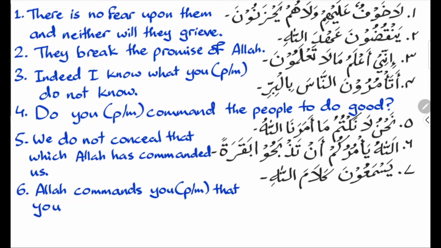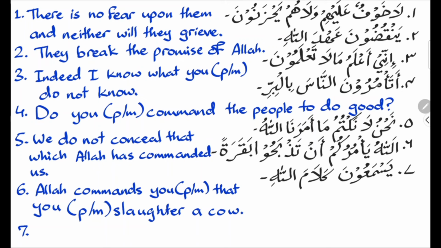That's jama' mudhakkar hadir from dhabaha, which means to slaughter, which means you are slaughtering. So Allah commands that you, plural male, slaughter baqaratan, that's the maf'ul of tadhbahu. You slaughter a cow.